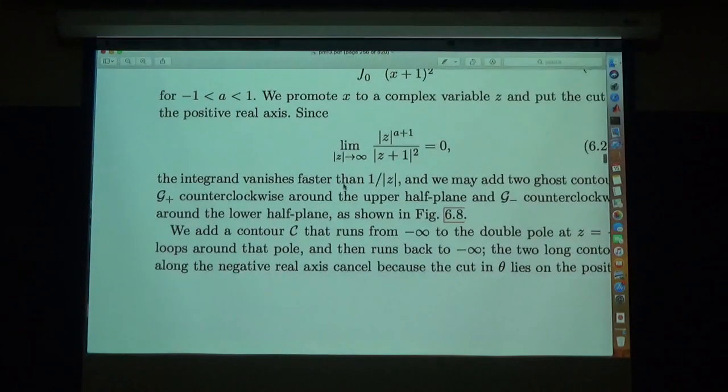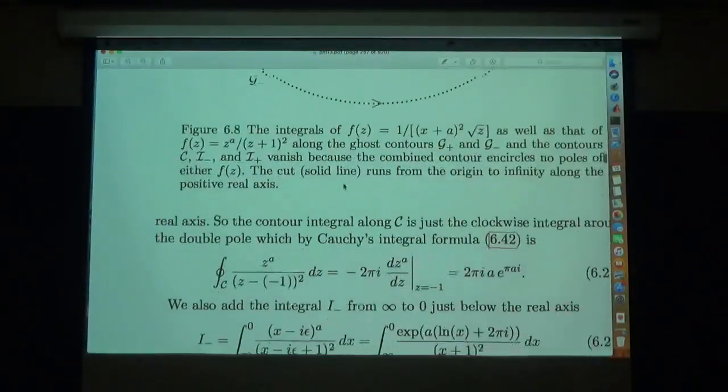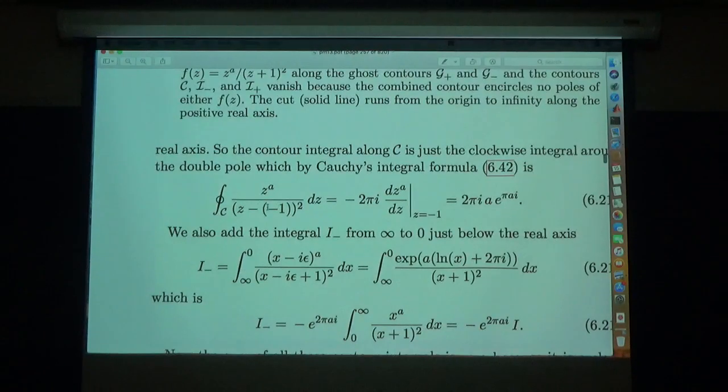So in other words, to do the integral around the pole, we have a double pole there actually, and remember that if you differentiate Cauchy's formula, you get his formula for all the derivatives of an analytic function.